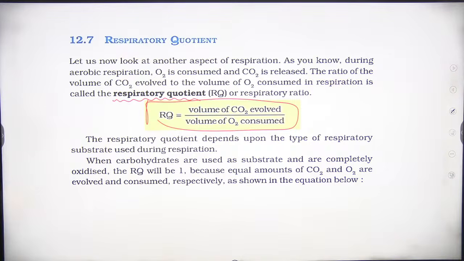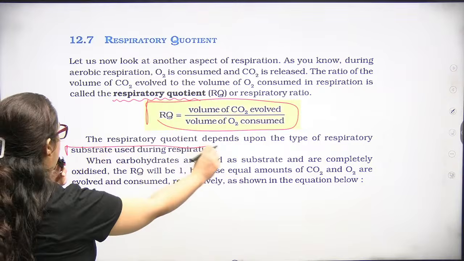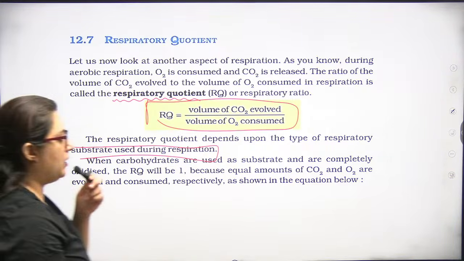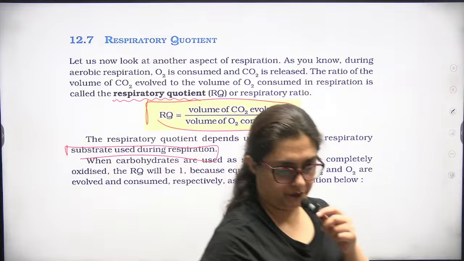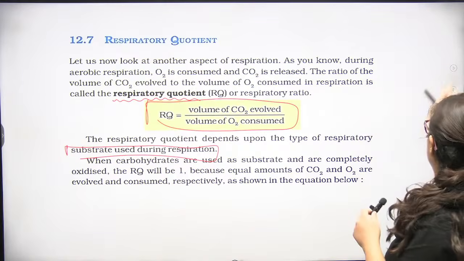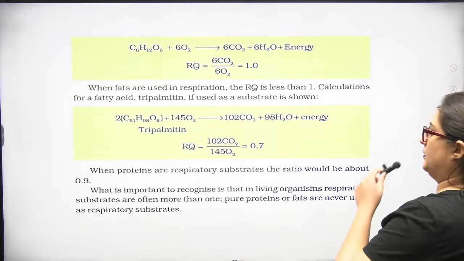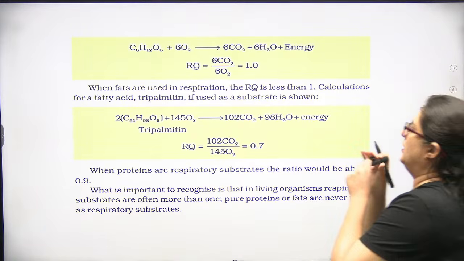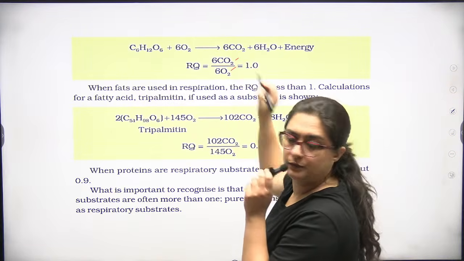The respiratory quotient depends upon the type of respiratory substrate used during respiration. When carbohydrates are used as substrate and are completely oxidized, the RQ will be 1. C6H12O6 plus 6 O2 gives 6 CO2 plus 6 H2O, so RQ is 1.